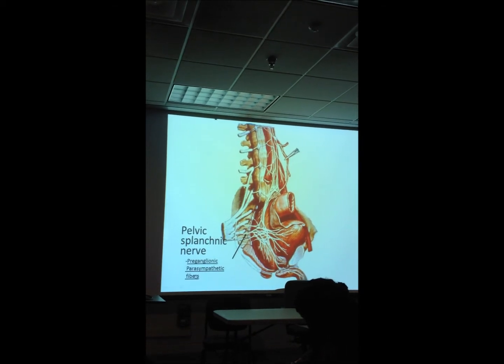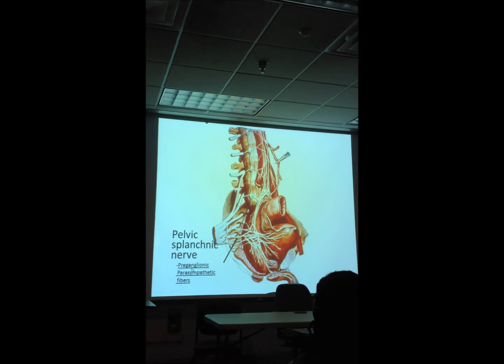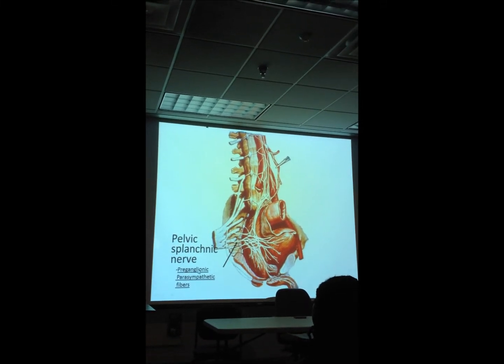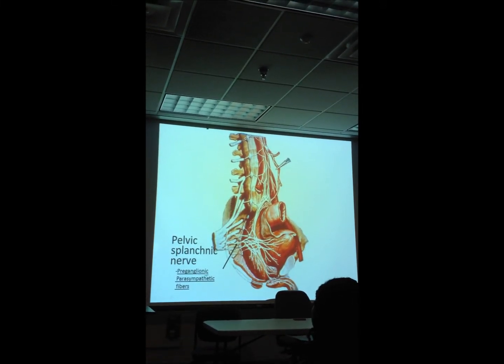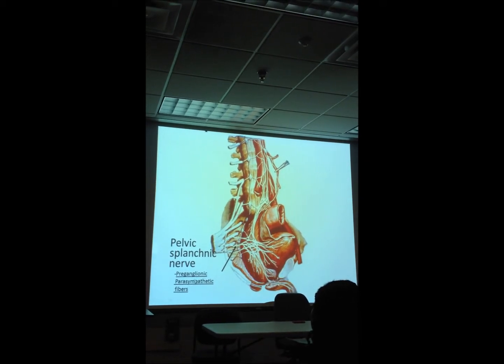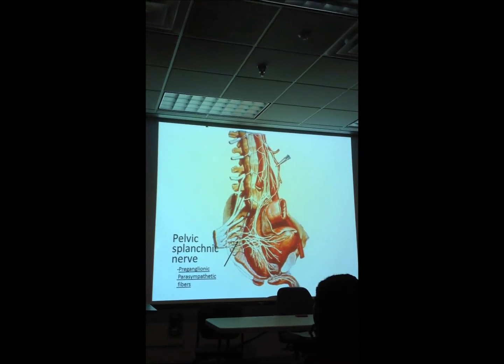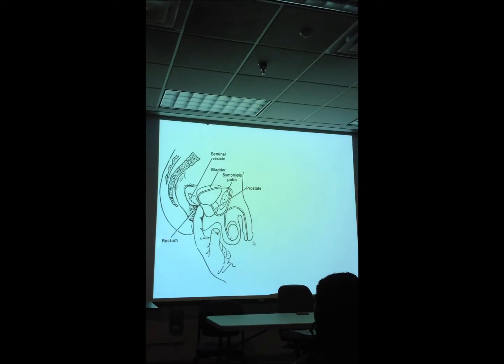That's what you want to be aware of: what kind of fibers they are. They're parasympathetic fibers, and they haven't gotten to a ganglion yet. I can tell you more about that, but let's just take that on faith for the time being. Preganglionic parasympathetic fibers, coming from a spinal nerve and going over this way.